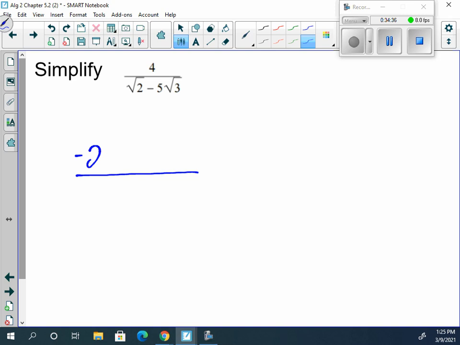Negative 20 square root 3 minus 4 square root 2 for 73. Give it to us.